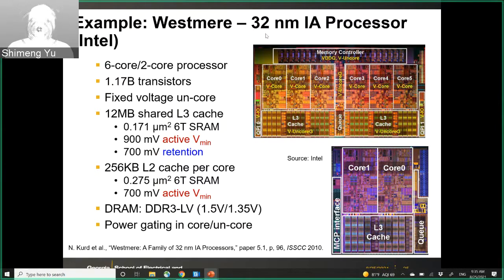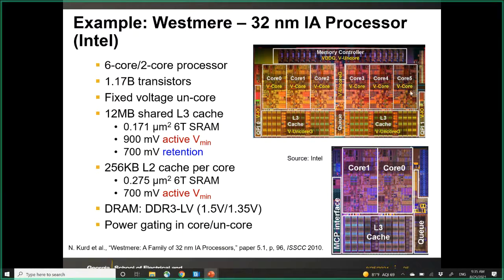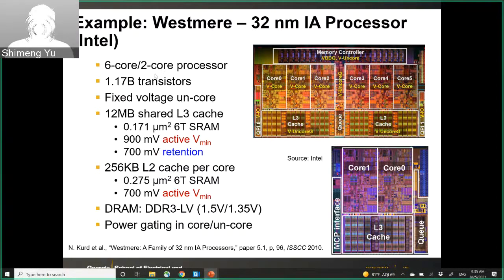This is a 32 nanometer processor. And in this family, it has two kinds of design. The first one is a 6-core processor, which is shown on this graph. This is a photograph under the microscope. And then you can have another one, a 2-core design.